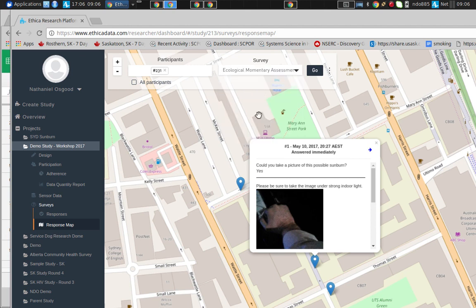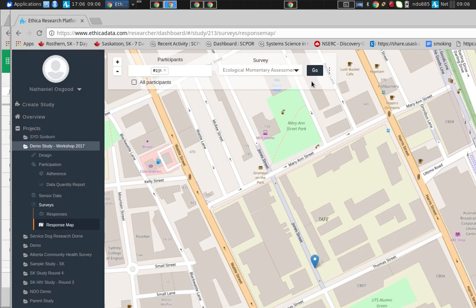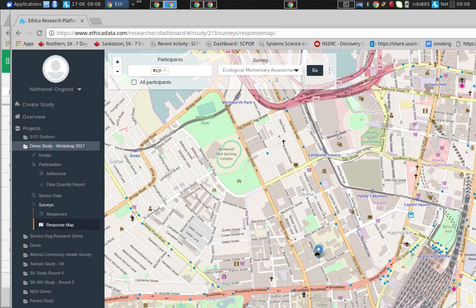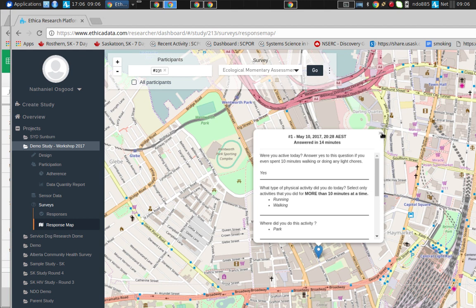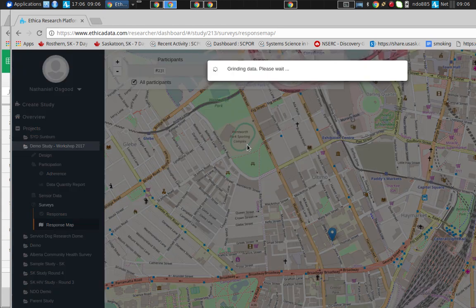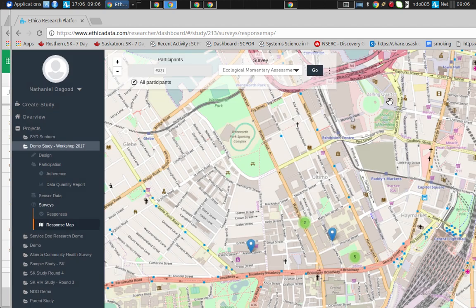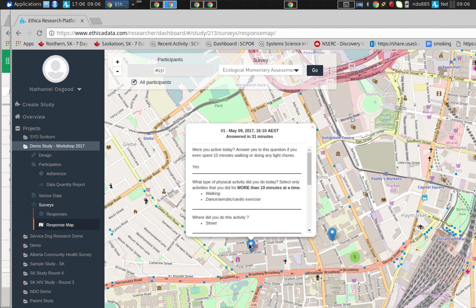A better example would be the ecological momentary assessment. Often with EMAs, a lot of them get expired. They never get answered because people don't notice them in time. EMAs are the ones that just pop up, and they may be triggered by circumstance, or by time of day, or at random times.